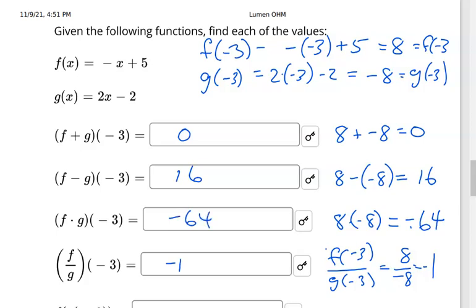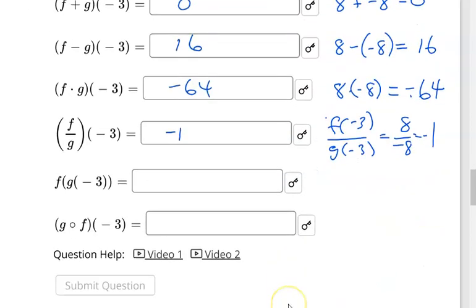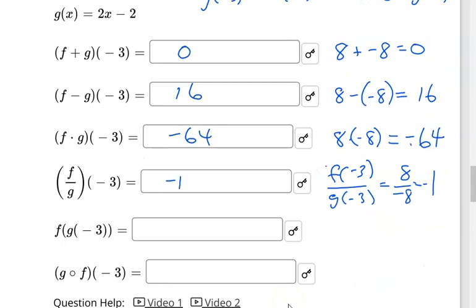Now the next two get a little tougher because I'm doing a composition. First, f of g of negative 3. Well, the g of negative 3 I already know is negative 8. So what I'm looking for is f of negative 8, because g of negative 3 is negative 8.